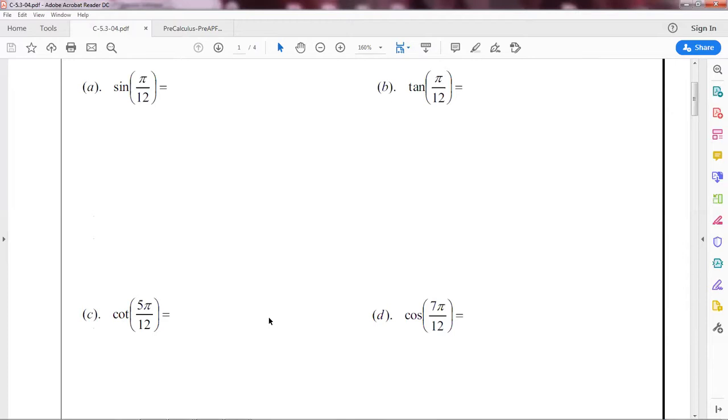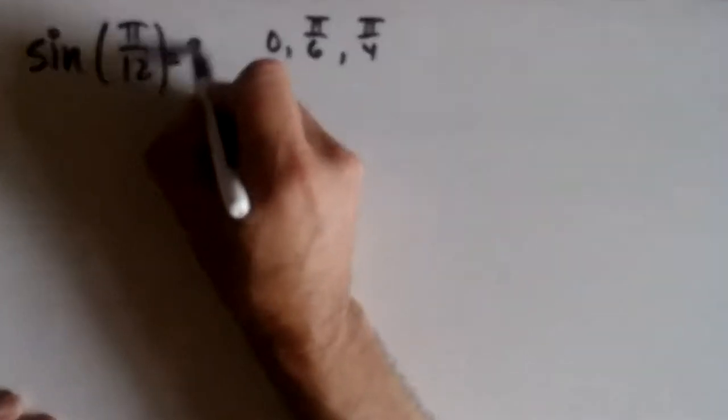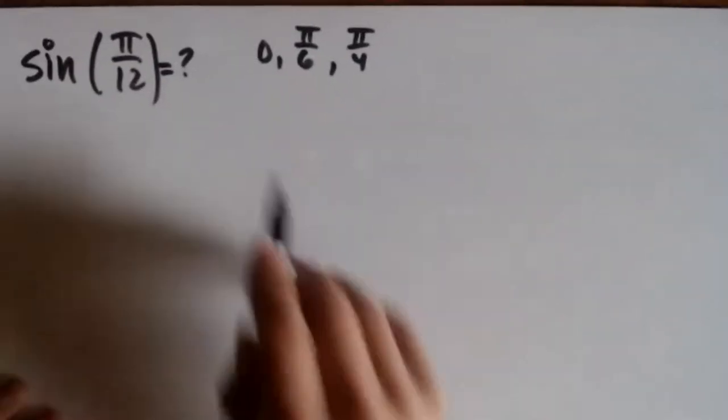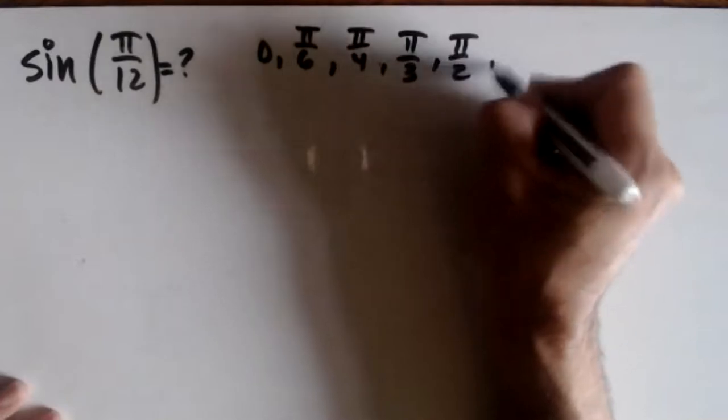I have 0, pi over 6, pi over 4. Let me just put it right here. So these are the values. I need sine of pi over 12. And what are the angles I have? 0, pi over 6, pi over 4, pi over 3, pi over 2.